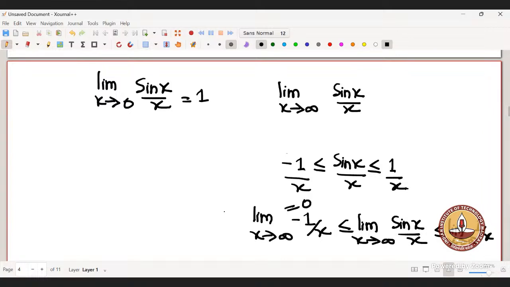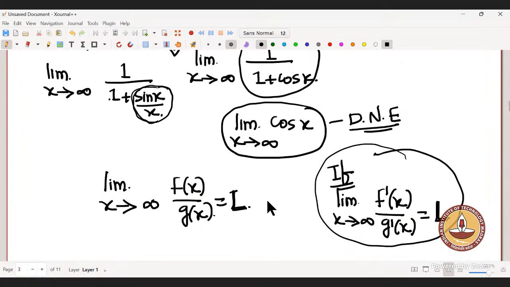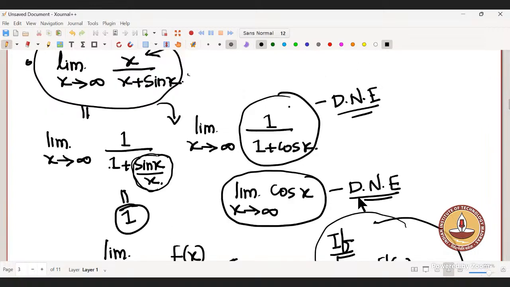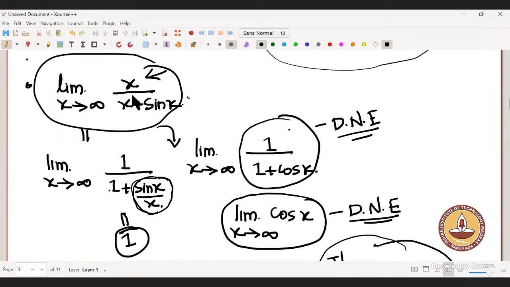Then this limit is 1. So as I said, from L'Hopital's rule you can't conclude anything, but if you slightly twist your representation, you will get the limit as 1.